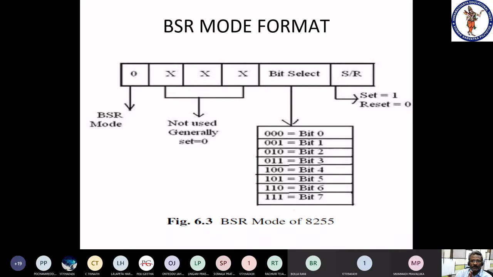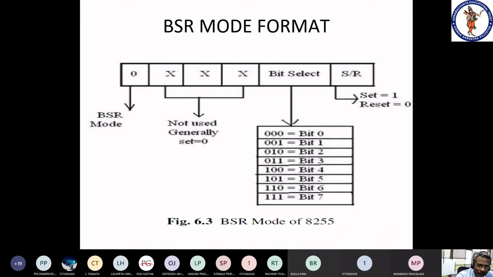For this purpose we use only port C. Port C is an 8-bit port, and the names of the bits are PC0 to PC7. Among these 8 bits, you can select any one to make it 1 or 0. That format is like this.